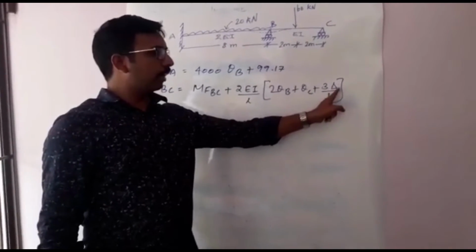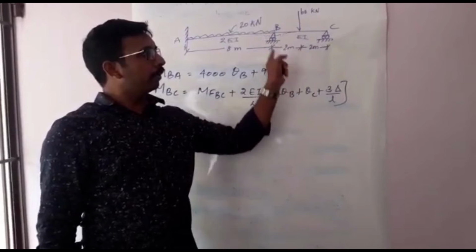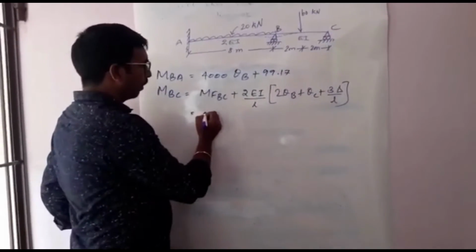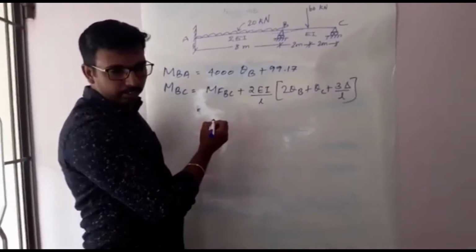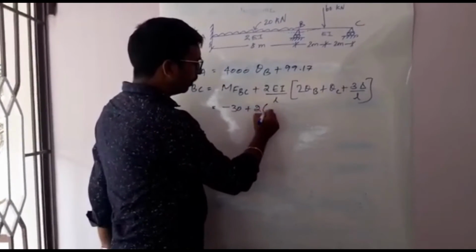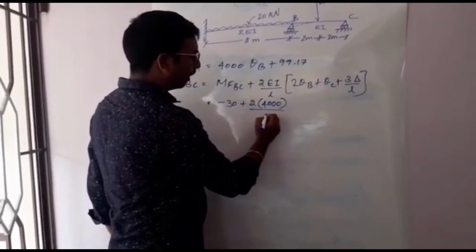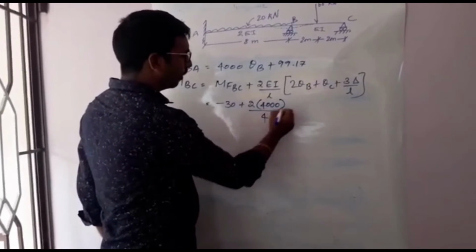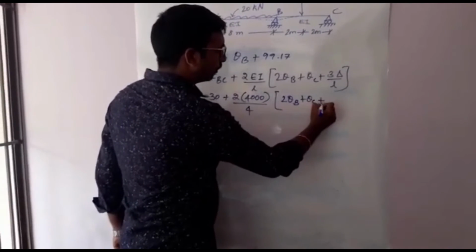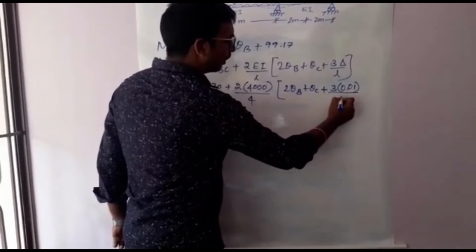Then 3 delta, the value is 0.01, and you have to put it with a positive sign. So M of BC is minus 30 plus 2 into EI value 4000 divided by L value 4, then 2 theta B plus theta C plus 3 into 0.01 by L, which is 4.